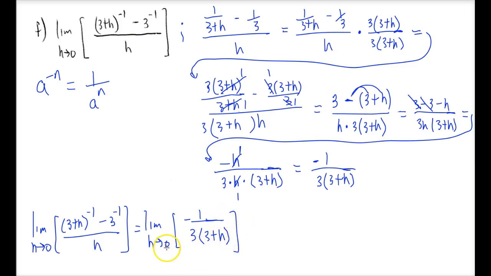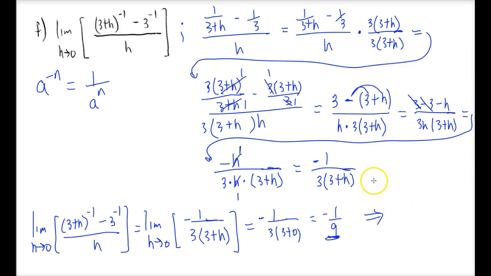And again, if we plug in 0 into this function, we see that it won't give us a denominator of 0. So 0 is in the domain of it. And our final answer here is -1/9.